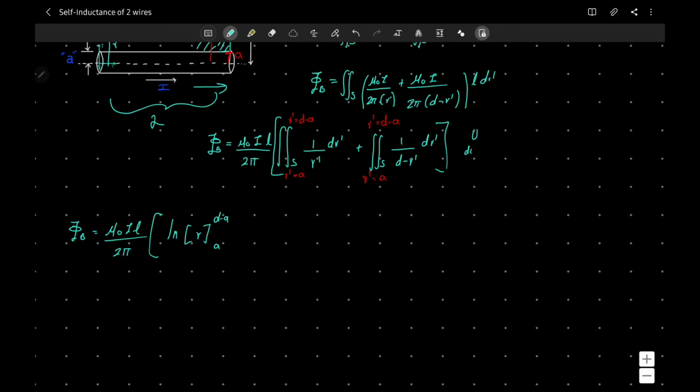So u equals d minus r, and then I have du equals minus dr. In replacing that, I have as it follows: minus natural log of d minus r, from a to d minus a.